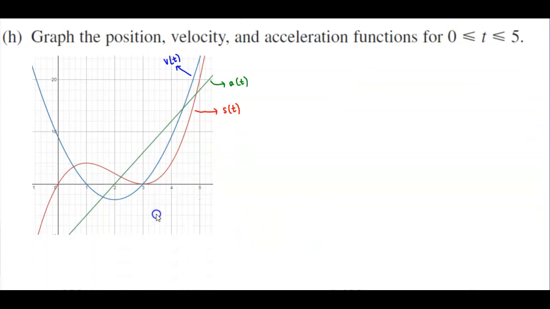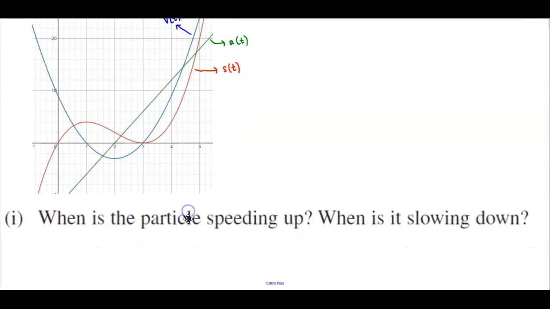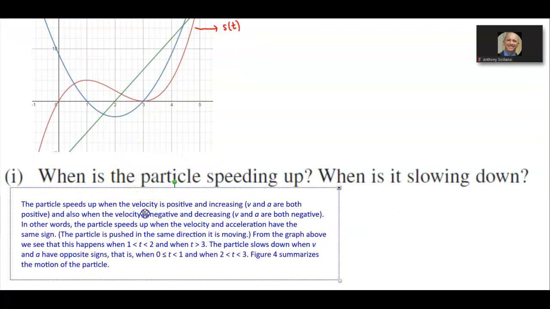And now what we want to do is answer the following questions. So when is the particle speeding up? And then when is it slowing down? So we're going to take a look at the graph.